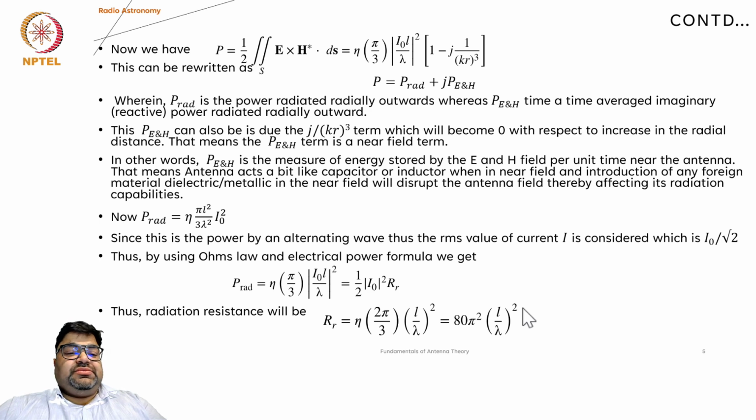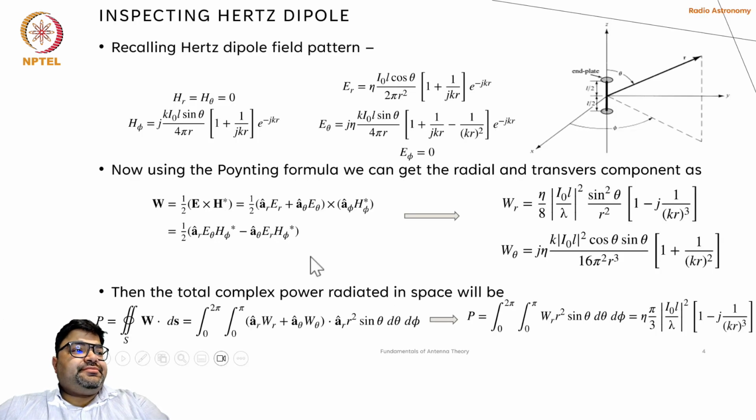Okay, so we go back again and revisit this entire calculation once more. From the current I, which is running along the z-axis, we calculated the vector potential.